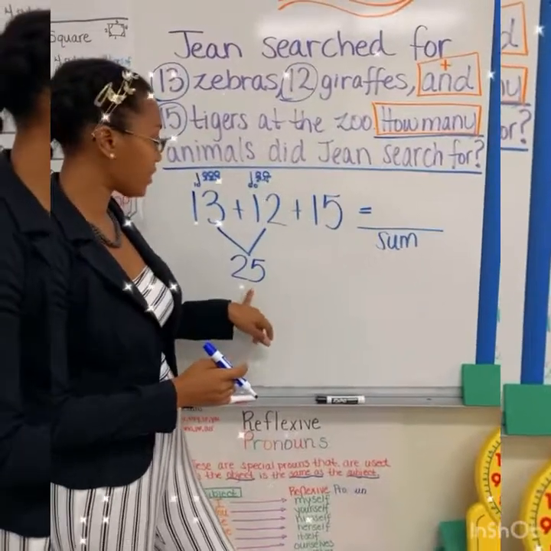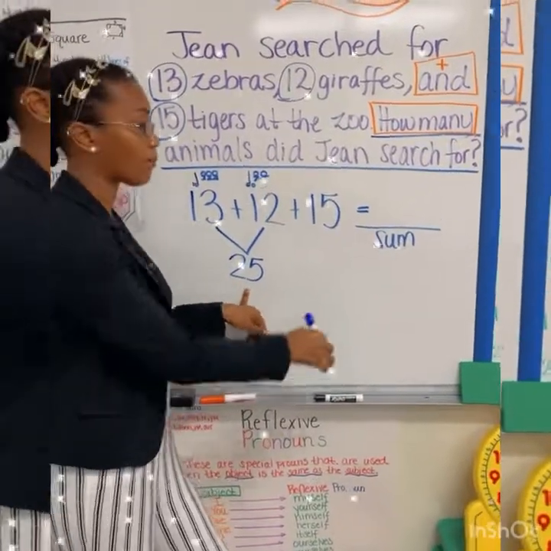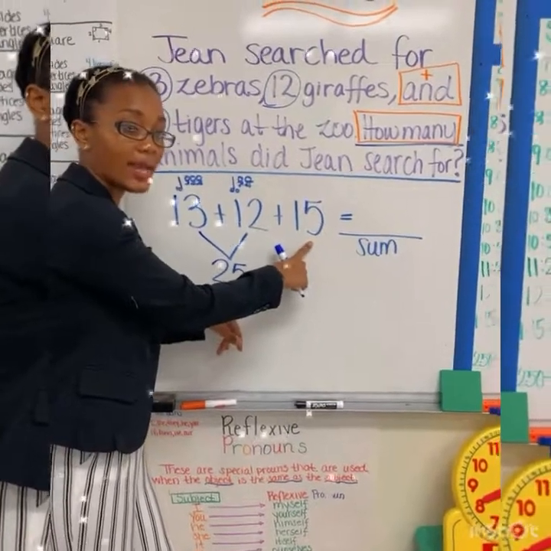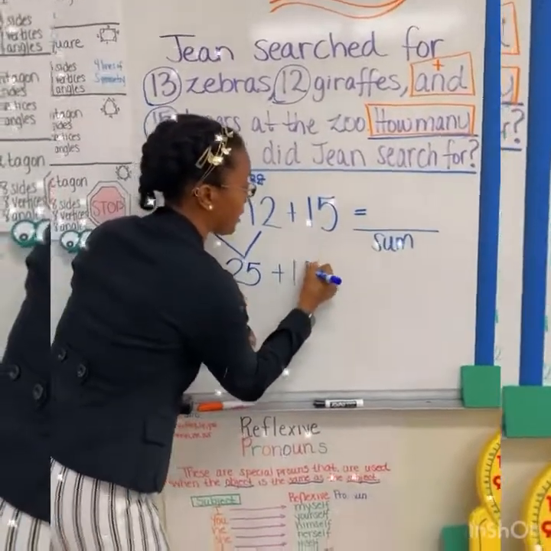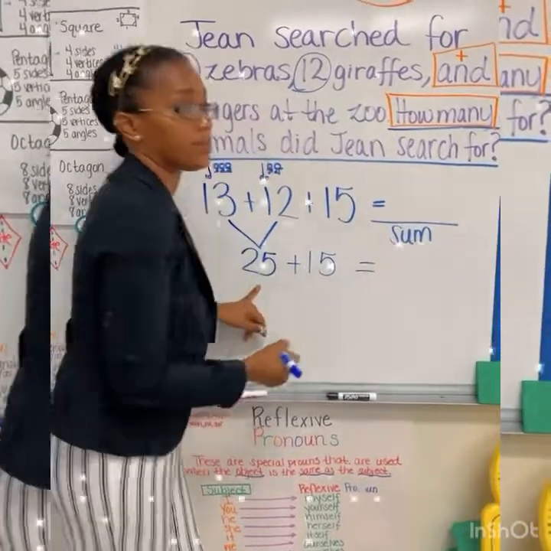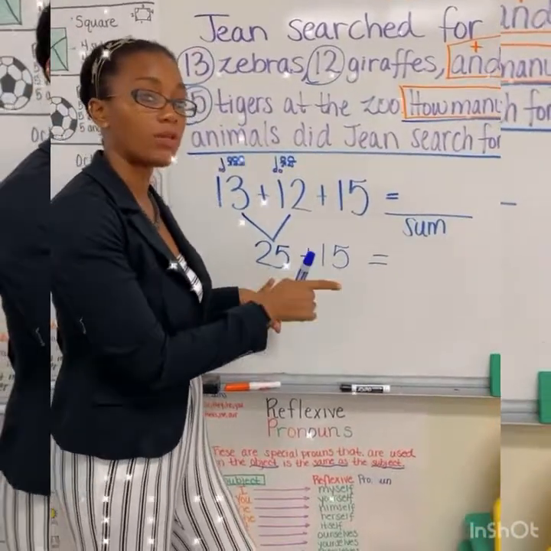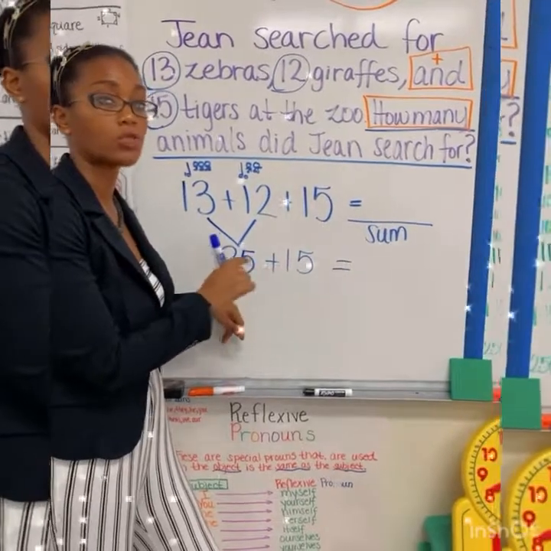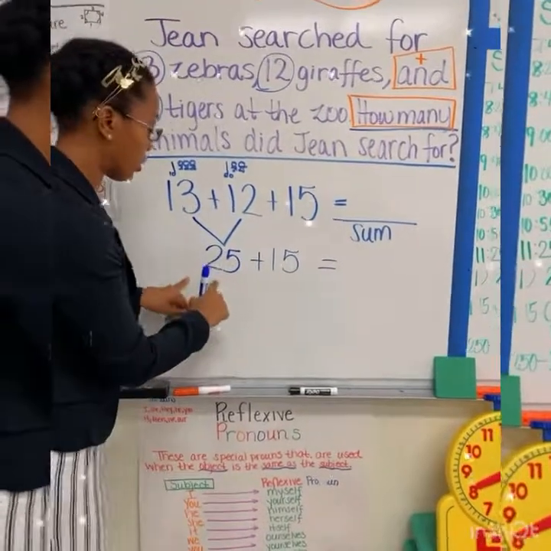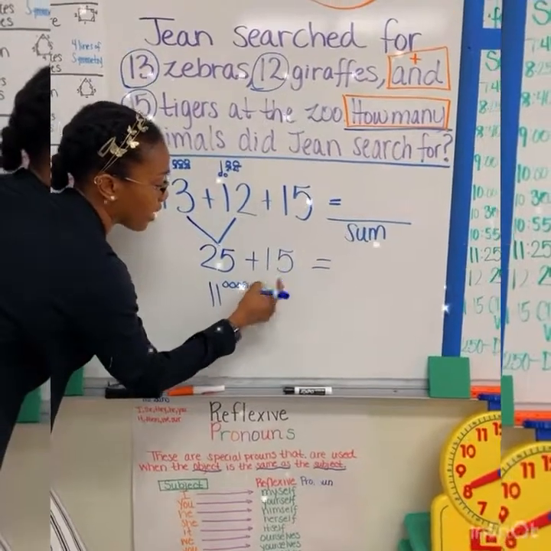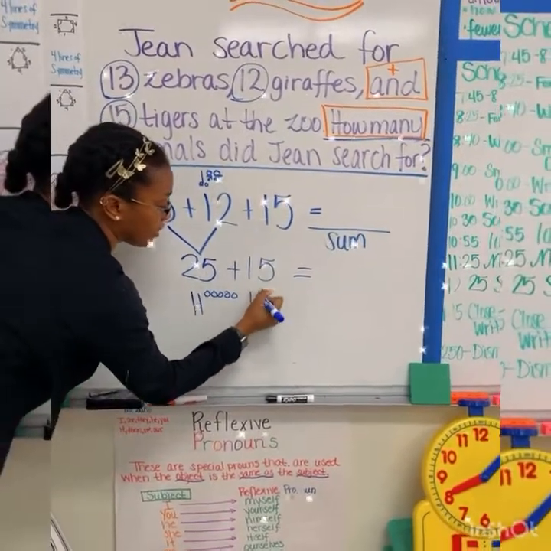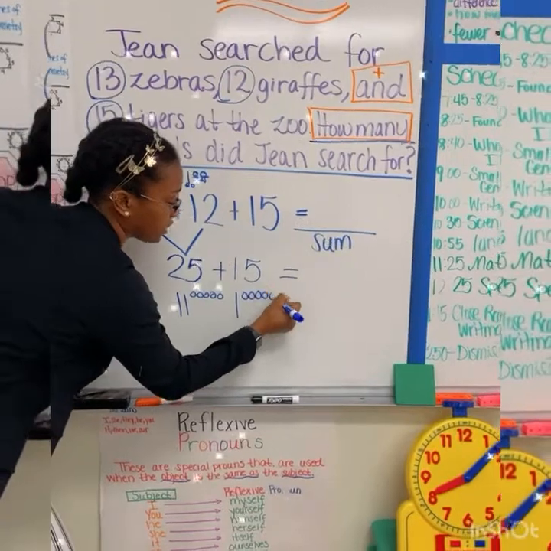Now I'm going to take this number 25 and I'm going to add it to the third addend, 15. So 25 plus 15. If I don't know what 25 plus 15 is, I'm going to draw a quick picture. So that's 25, 10, 20, 1, 2, 3, 4, 5, plus 15, 10, 11, 12, 13, 14, 15.